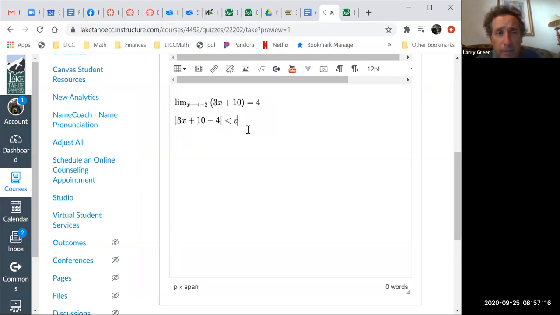Okay, well, we could simplify and notice we're hoping to get an x minus -2 in here. So that's our goal, to get the x minus -2 in here, which is the same as x plus 2. So now I'll copy that, paste it here, and let's play with it.